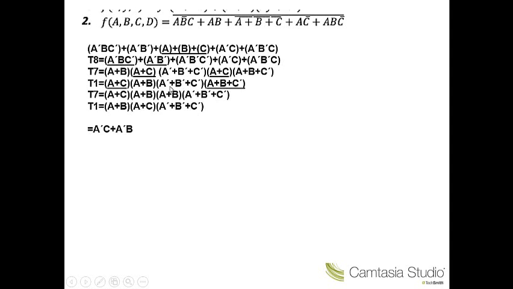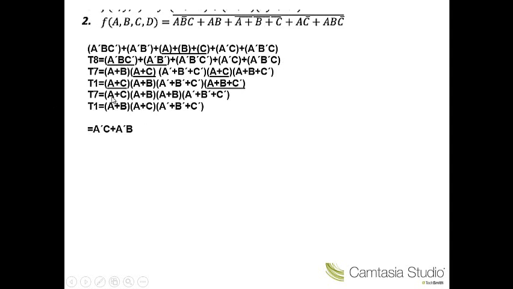Then in this new function we use theorem 1 with this and this one values. Then we have theorem 7, a plus c, a plus b, a negative plus b negative plus c negative.